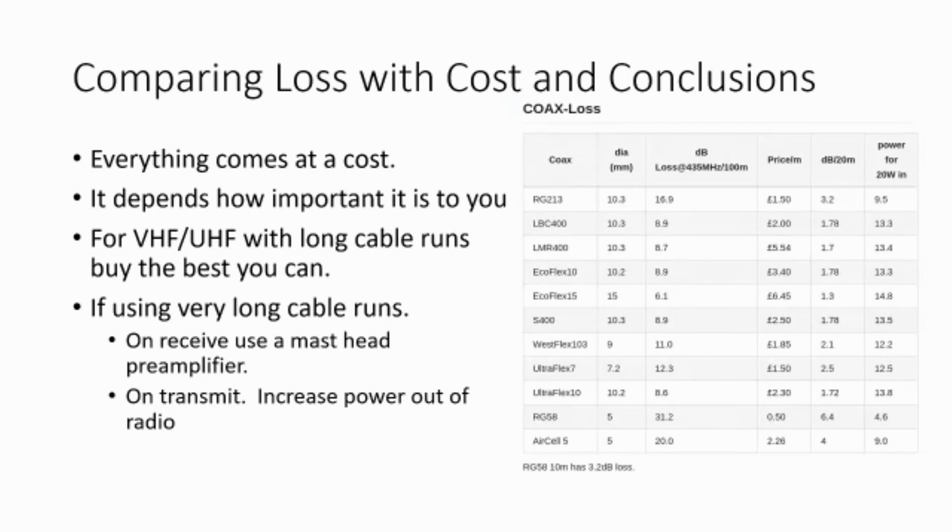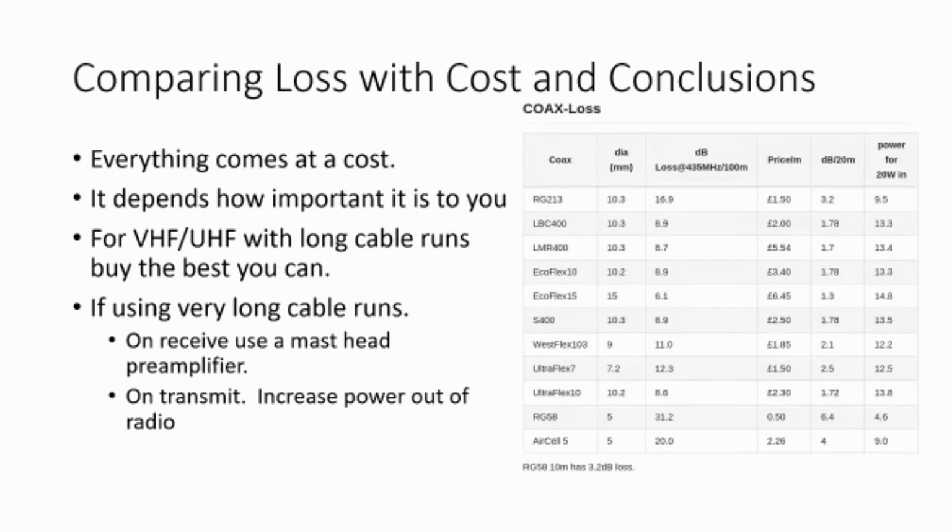If we were using a 20 meter length, we're going to lose 3.2 dB. So if you're putting 20 watts into it, you're going to get just less than 10 watts out. You get into some of the MUARC cables and the EcoFlex cables, you're getting a bit more power. You're not getting massive increases in performance there. I think the best is probably about 25% loss out of all those, but it also breaks down the price.